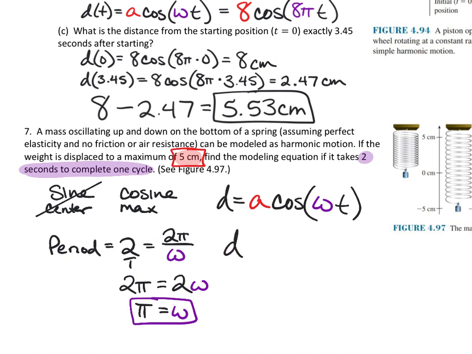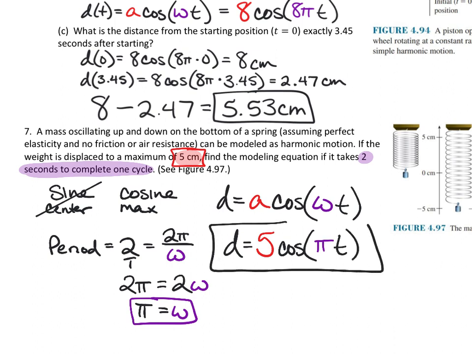The distance of this spring can be modeled by the equation 5 times the cosine of pi times t. That would represent this spring bouncing back and forth with this starting initial value of 5 centimeters. Again, the spring's never going to stop in this situation because we're assuming no air resistance and no friction.